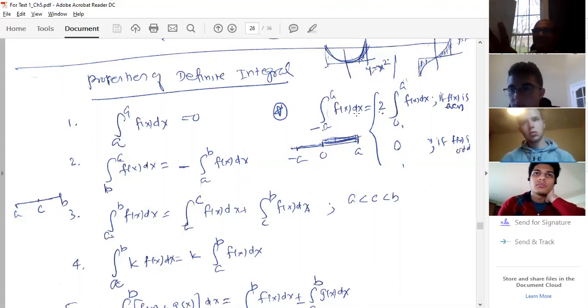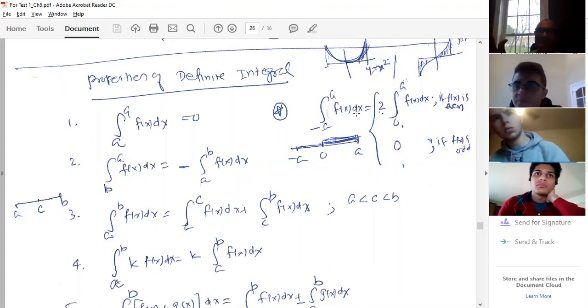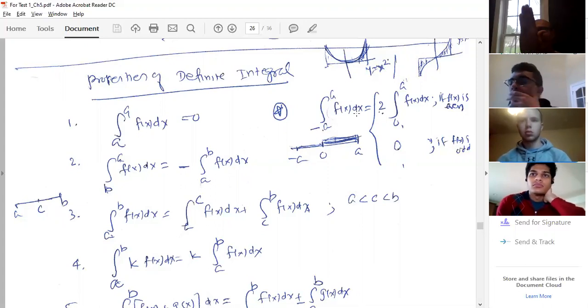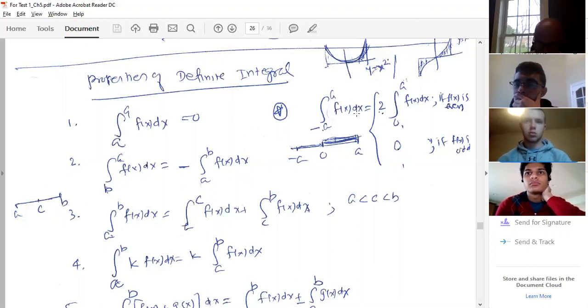This is my y-axis. I'm just flipping like this. So whatever portion I have on the other side of the y-axis, it would completely coincide with the other part, the positive side of the y-axis. Right? That's what I mean by symmetric.